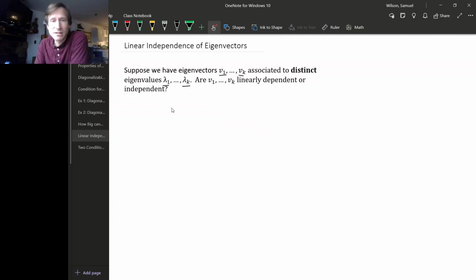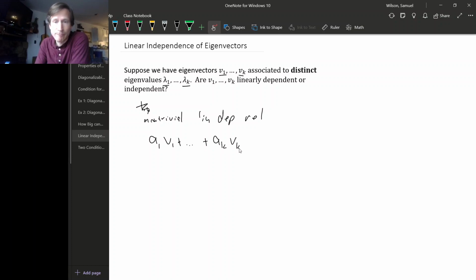Well, let's suppose that we have a non-trivial linear dependence relation, say a1 v1 plus dot dot dot plus ak vk equals 0.